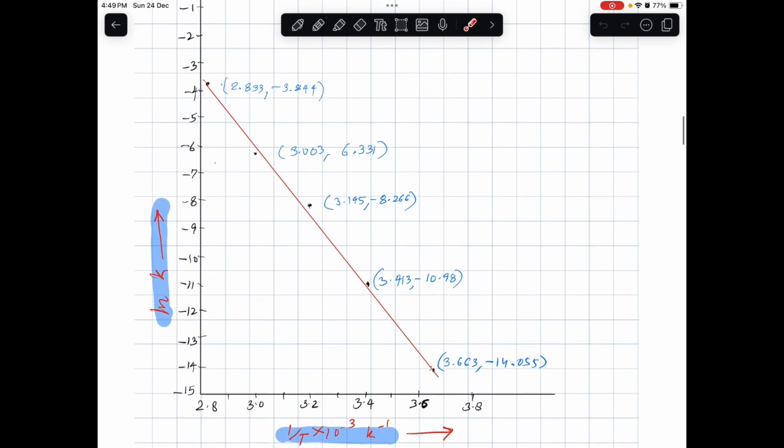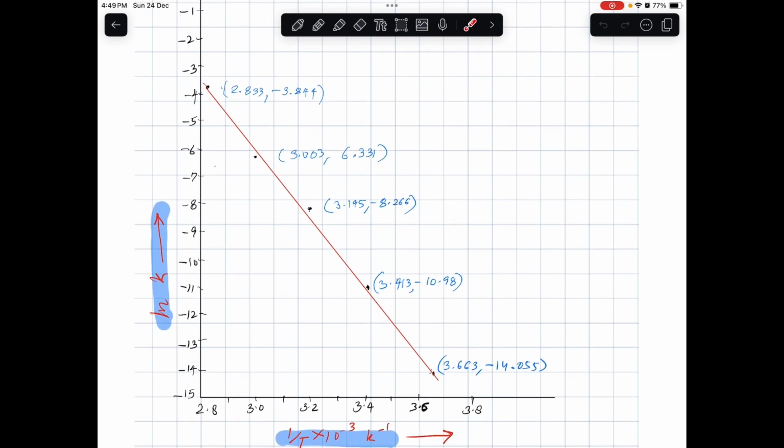And from this plot we are getting 5 points, one here, one here, another one here, another one here, and one here. So these are the 5 points obtained, and accordingly we will be getting a straight line. Sometimes the points you located do not fall exactly on the straight line. It's okay, it will not make any difference. We have some errors sometimes in the experiment as well as while plotting the graph.